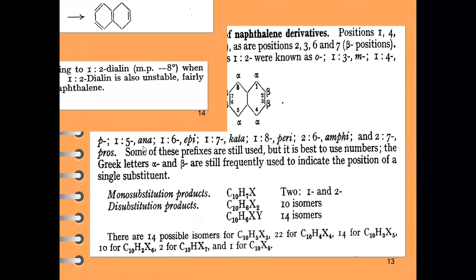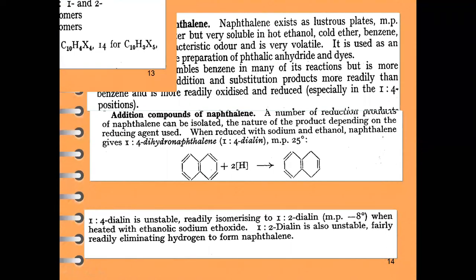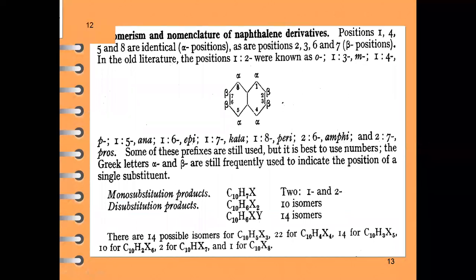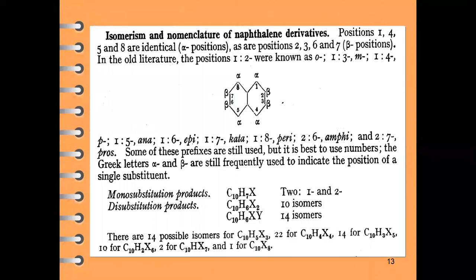See, 1 and 2 are ortho, 1 and 3 are meta, 1 and 4 are para with respect to this benzene ring.